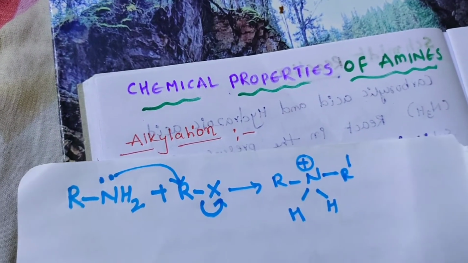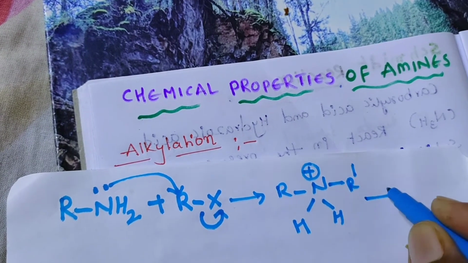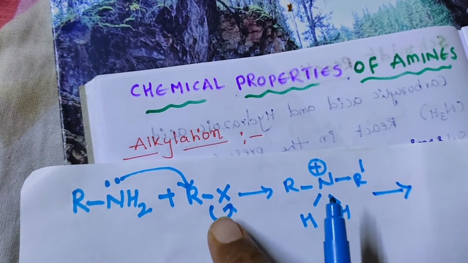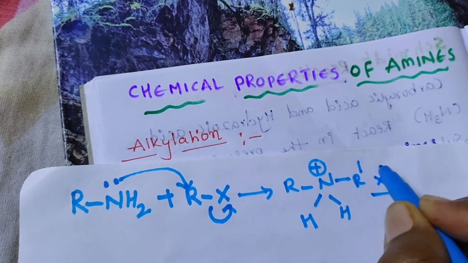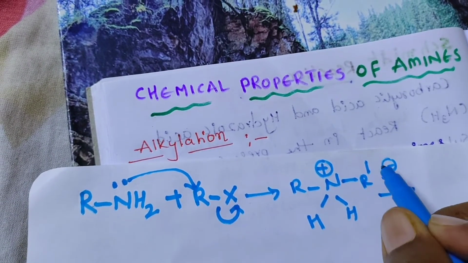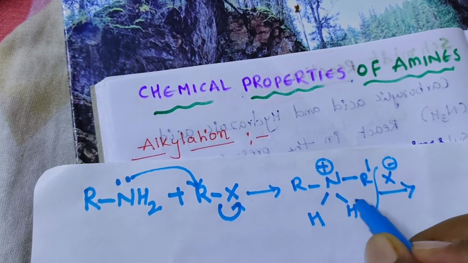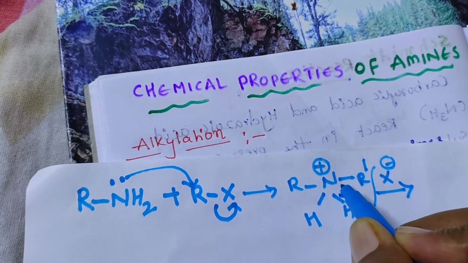After we remove the X minus anion, this X minus anion takes this proton, and these two electrons shift to this nitrogen.